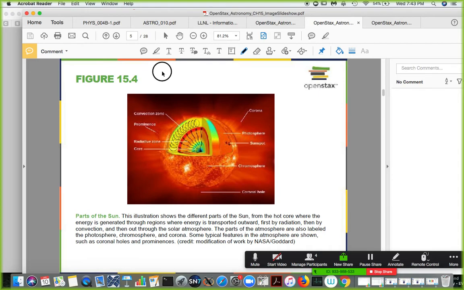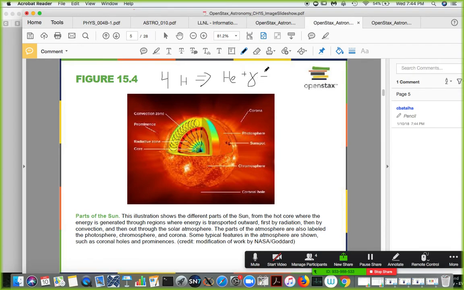So basically, four atoms of hydrogen are fused together at very high temperature to give one atom of the element helium plus energy, and this energy is in gamma rays, and we studied that in electromagnetic radiation. Gamma rays are the most energetic frequency of electromagnetic radiation.